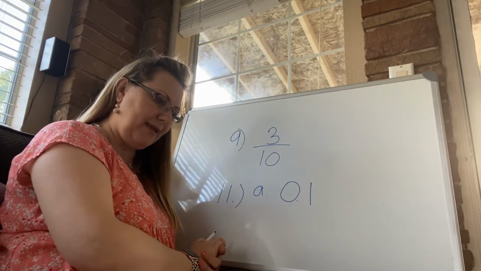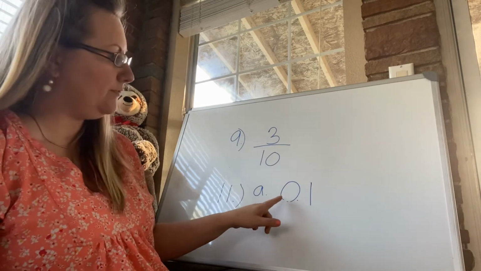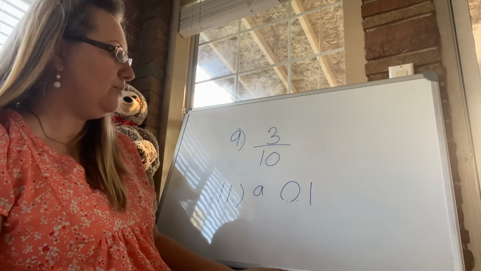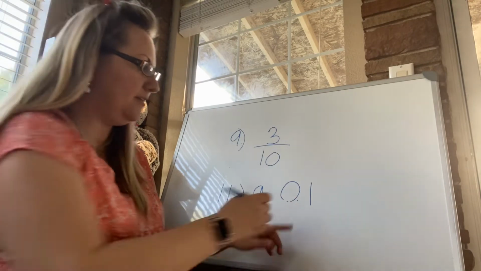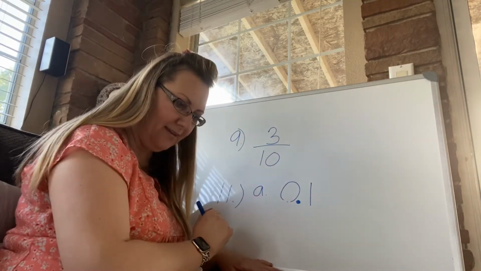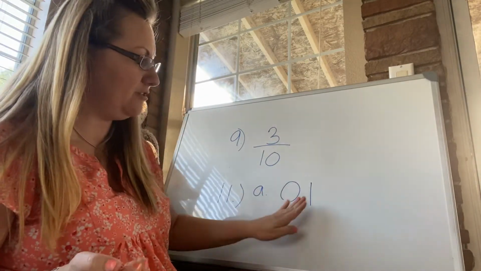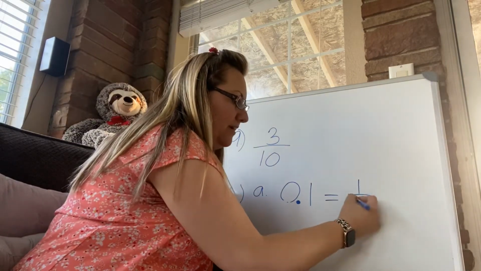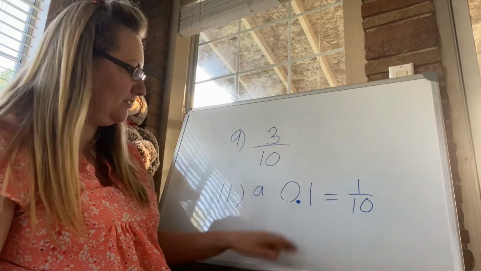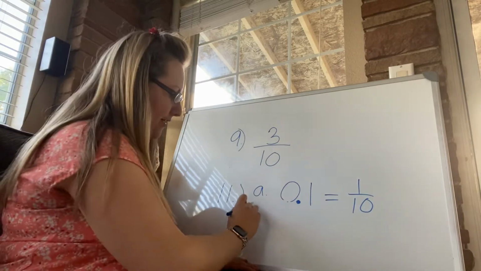If you read it like a 4th grader, then you will know this is 0, the dot means and, 0 and 1/10. So if you just read it, you could ignore the 0 and just say this is 1/10, right? And there's your fraction.